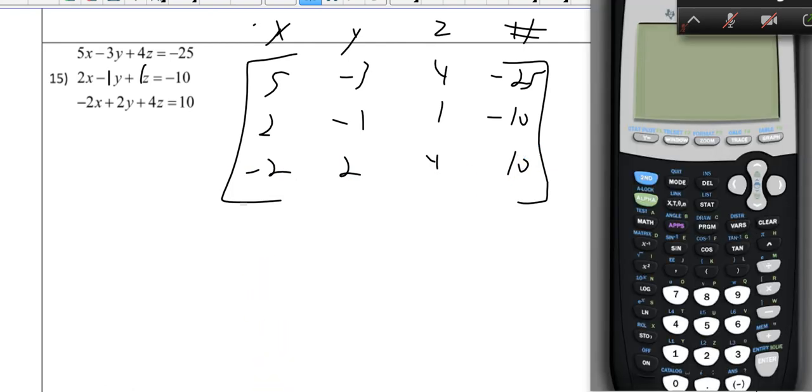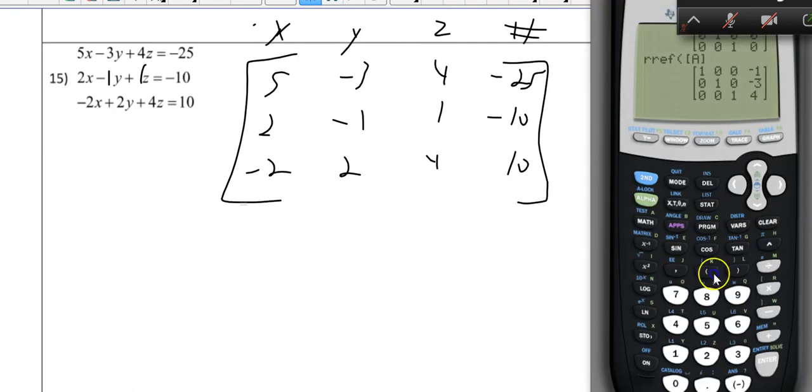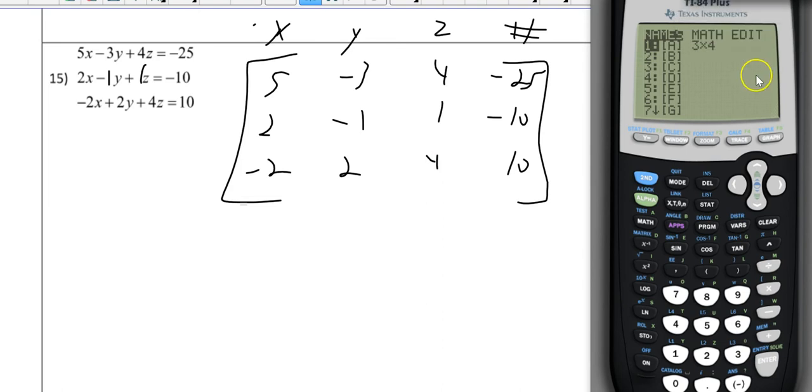Same procedure, pull up your calculator, second matrix as usual. Let's put the numbers in. 5. Remember, use the gray negative key.